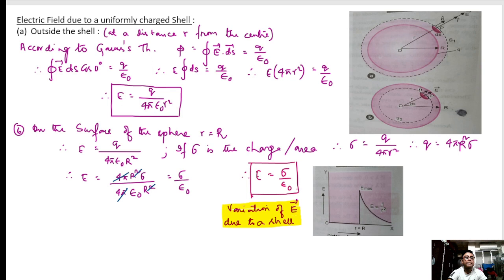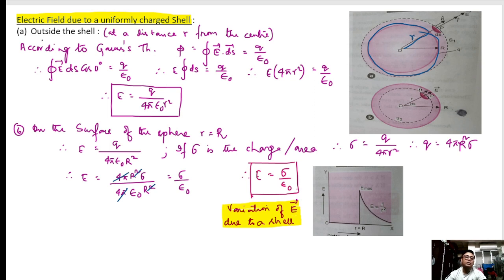Next, electric field due to a uniformly charged shell. So see, this is a hollow shell of radius r.